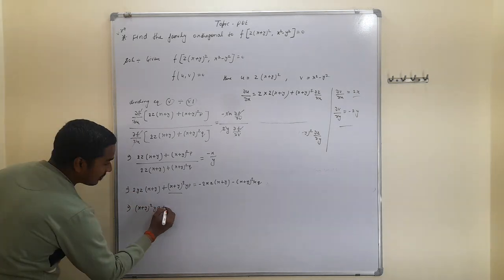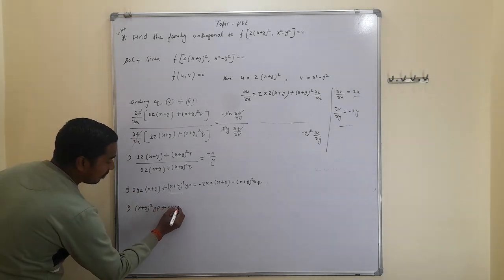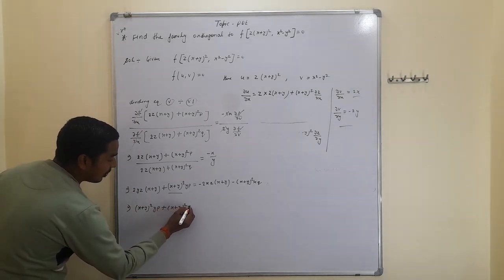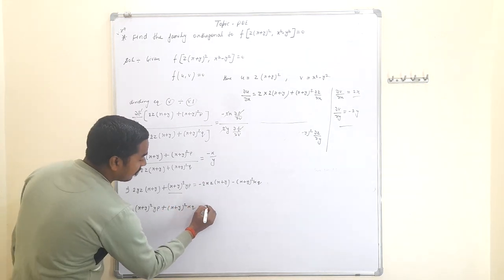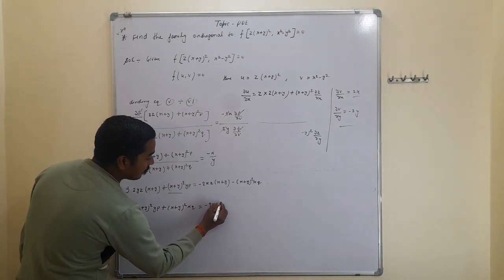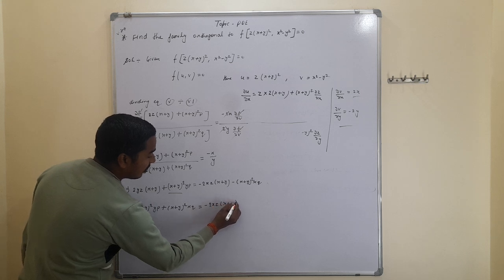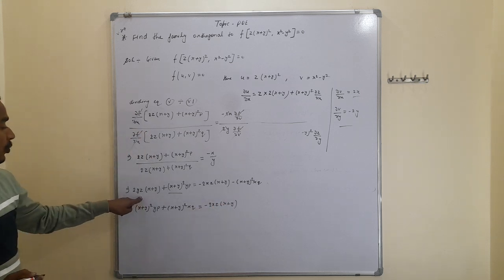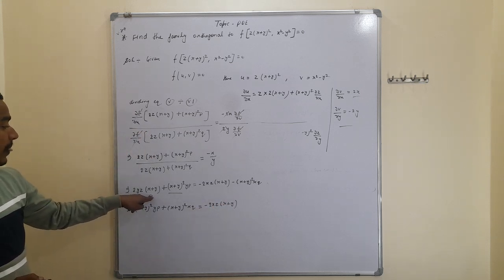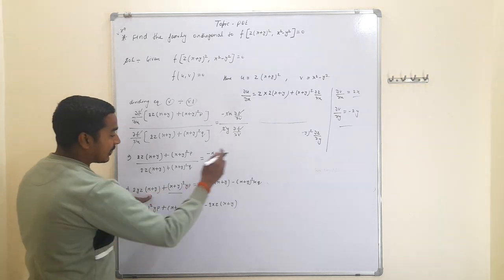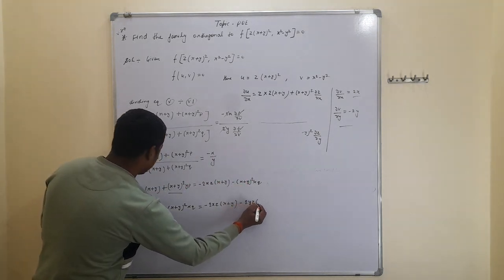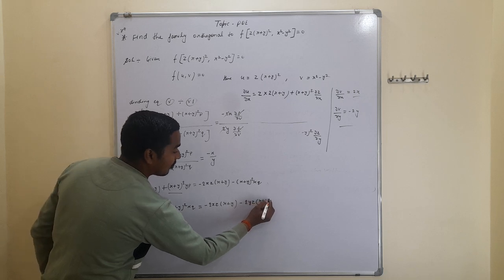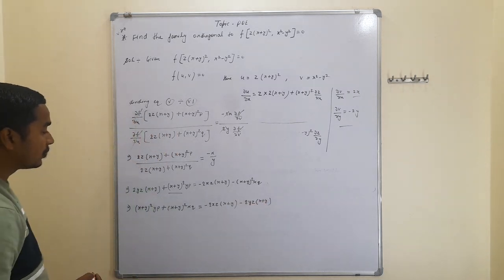This is plus (x plus y) whole square into x cube is equal to minus 2xz into (x plus y), and from here 2yz into (x plus y) is taken to the right hand side, minus 2yz into (x plus y), and further we have to solve.